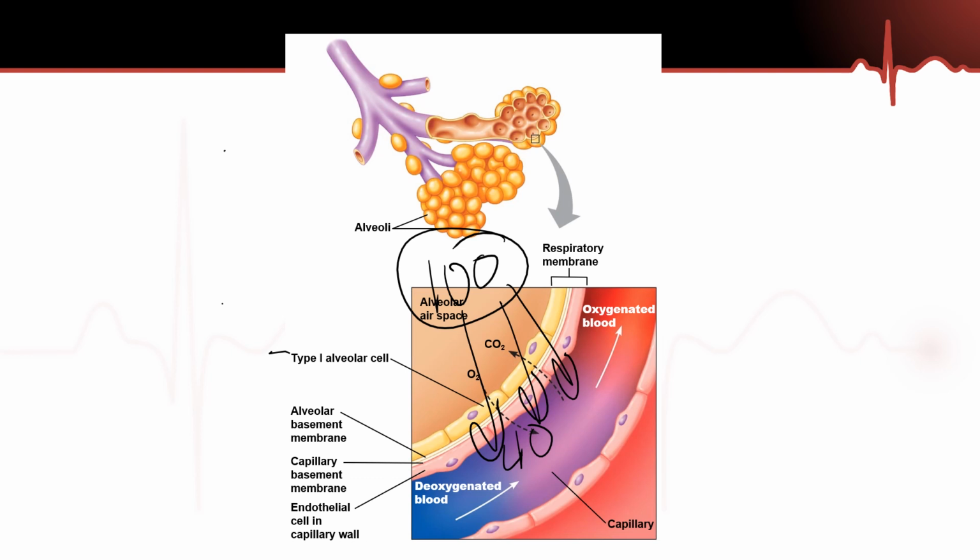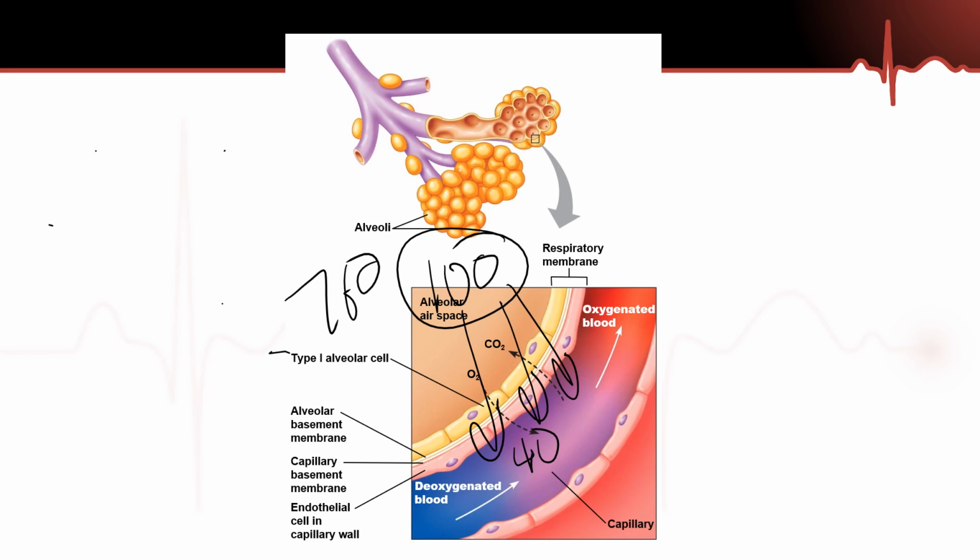the partial pressure of oxygen within the air in the alveoli is 100. Right? For reasons I think that we have addressed in extensive detail. The total air pressure within the air in the alveoli is 760. 13.5% of the air is made up of oxygen. So oxygen's partial pressure is 100 millimeters of mercury. Now, the partial pressure of oxygen within the blood plasma of the blood in the pulmonary capillaries is 40 millimeters of mercury.